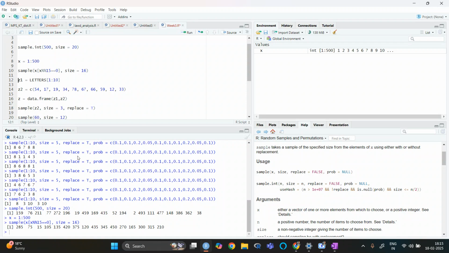So it will take only the samples which are divisible by 15. So we can give a particular condition, that we have a population, but we need to take sample from a certain population.